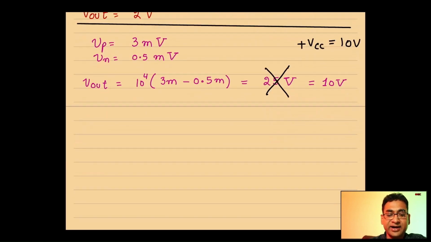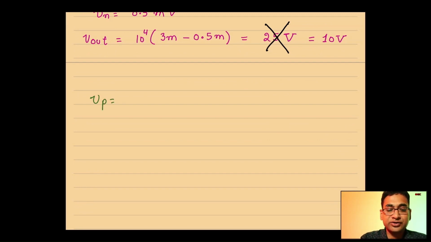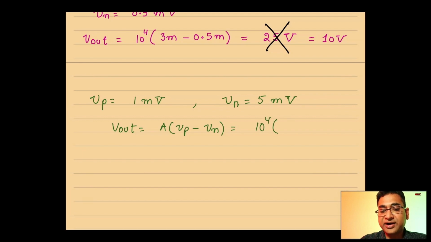Similarly, let's pick another number. Let's pick a Vp value equal to 1 millivolt, and a Vn value of 5 millivolts. The same value for A. Now V output is going to be A times Vp minus Vn. That's going to be 10 to the 4 times Vp, which is 1 millivolt, minus 5 millivolts, which is your Vn.